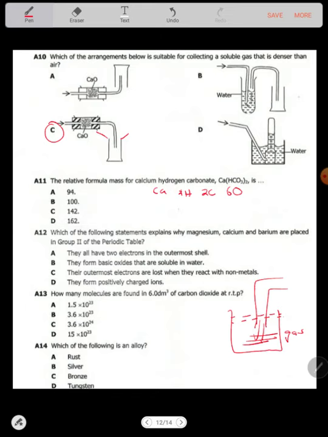So we need to find the mass. Calcium has a mass of 40. Hydrogen is 1; 1 times 2 gives you 2. Carbon, you know that carbon is 12, right? Now 12 times 2 gives you 24. Oxygen is 16; 16 times 6 will give you 96.